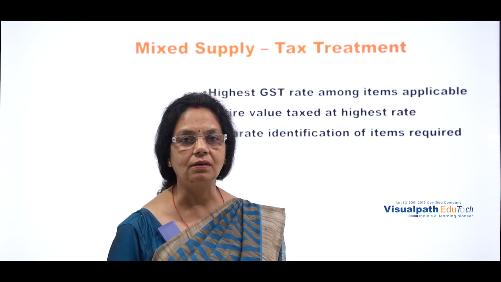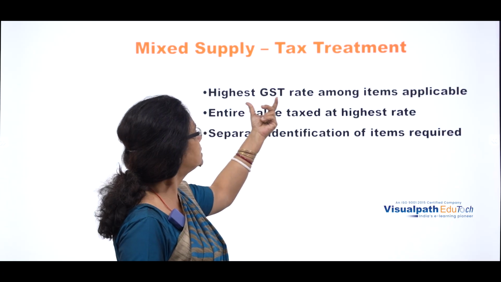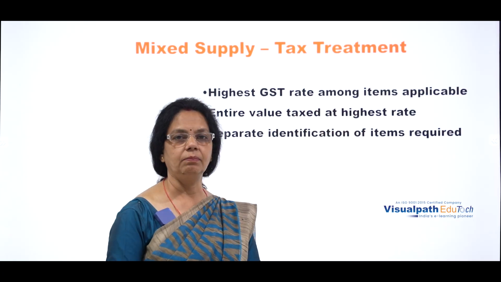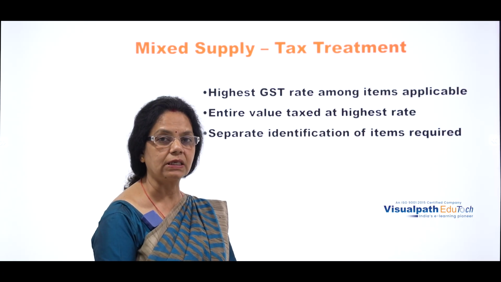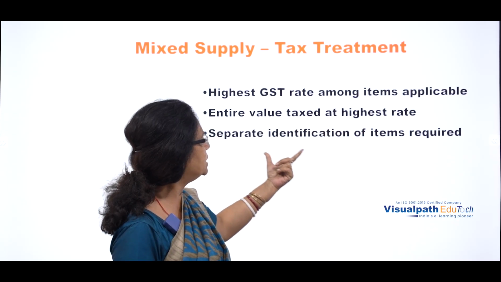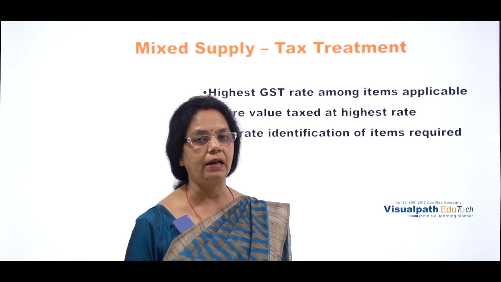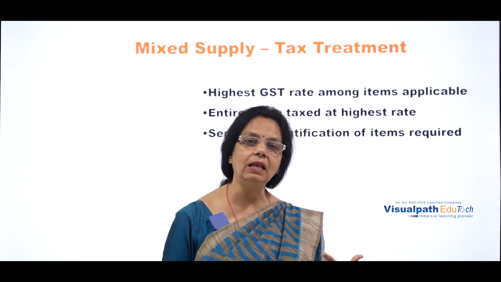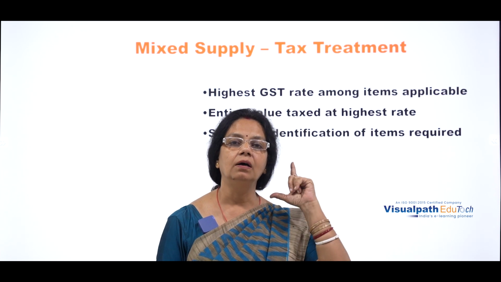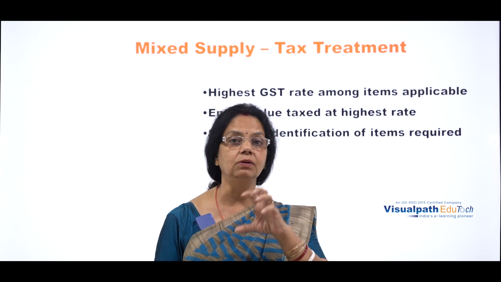Now, what is the tax treatment in the mixed supply? Highest GST rate among the items applies. Yesterday also we discussed this. Entire value is taxed at the highest rate. Separate identification of items is required. Identification is required, that is one of the characteristics. But tax is calculated on the basis of the value of the highest rate product.